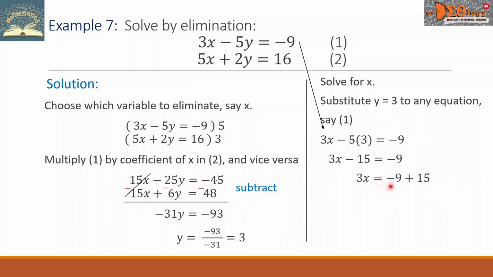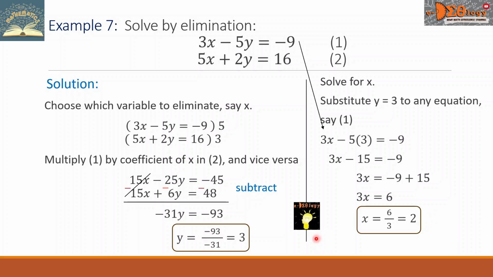So 3x equals negative 9 plus 15. The right side becomes positive 6. We divide this equation by 3. So x equals 6 over 3, or positive 2. This is the value of x, 2, and this is the value of y, which is 3.